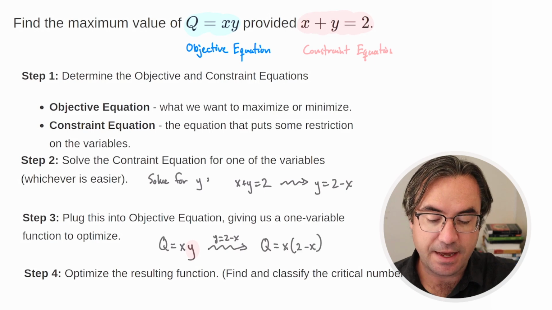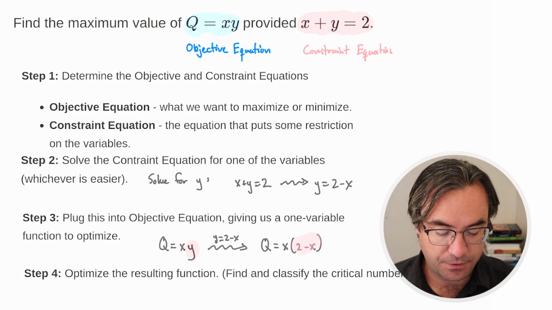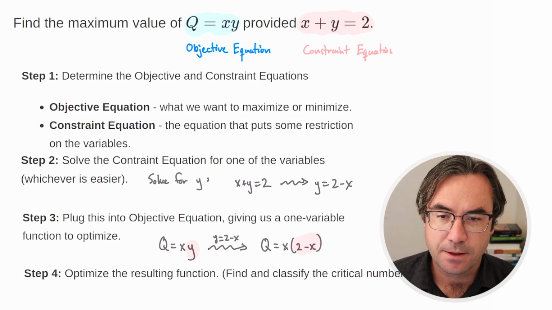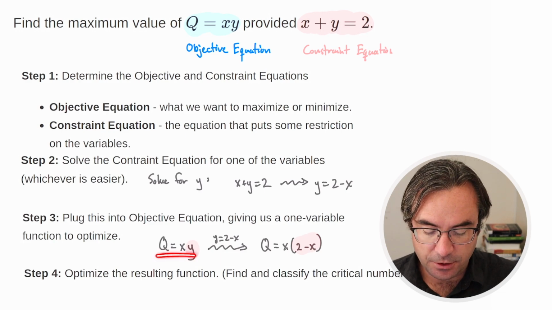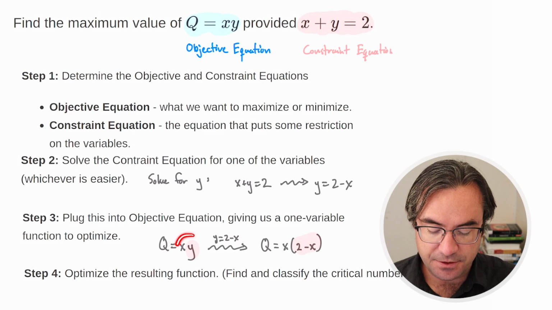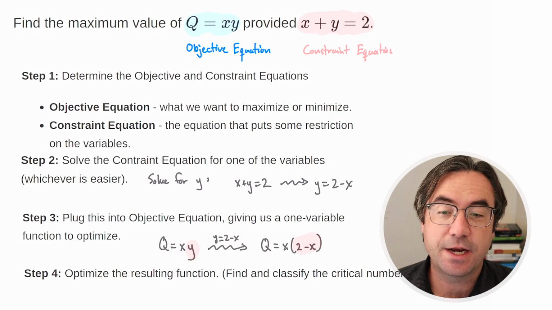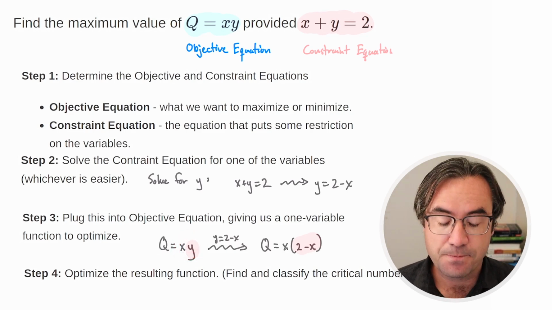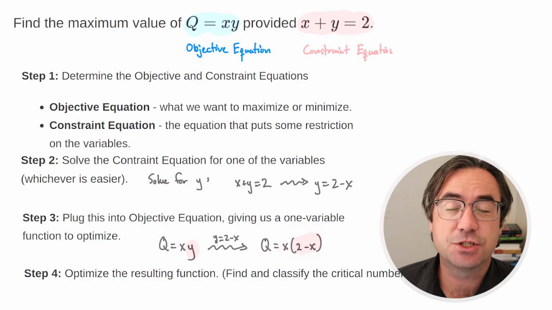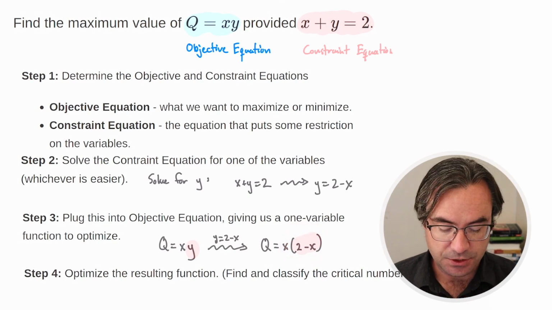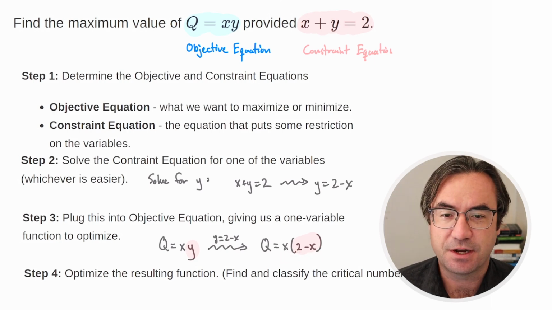We're replacing y with what we solved. The difference is that the first version of our function has two different variables, and this version has just one variable, x. So we're able to do our calculus stuff with this.